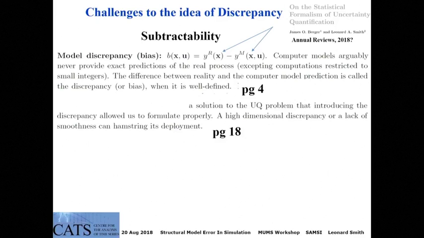So in the paper with Jim, on page 4, we define discrepancy like everybody else. We have the real process on x minus the real process on y. And my difficulty is with this minus sign. It's a question of how things actually work in model land and in the real world.